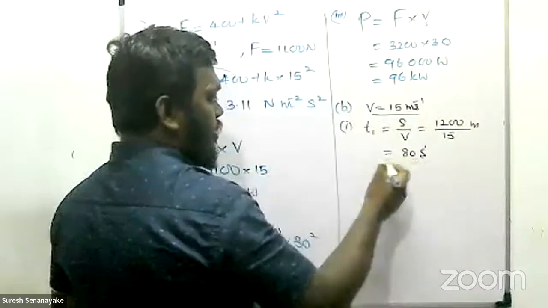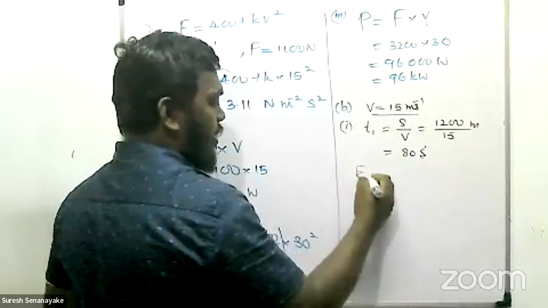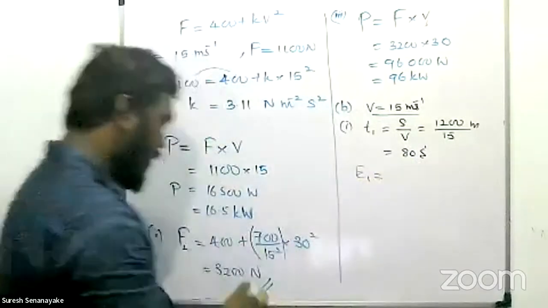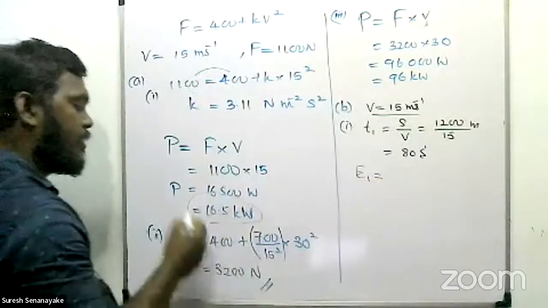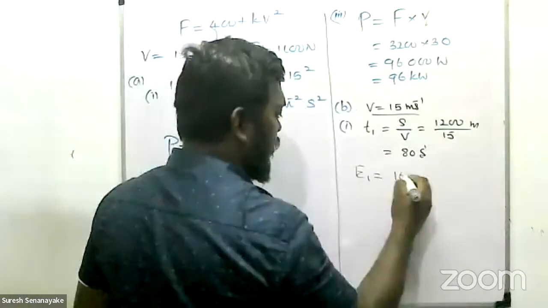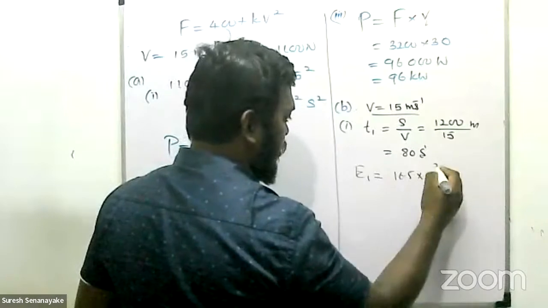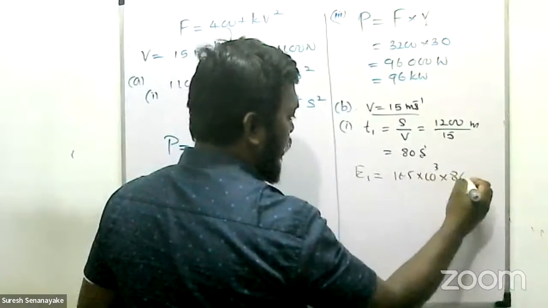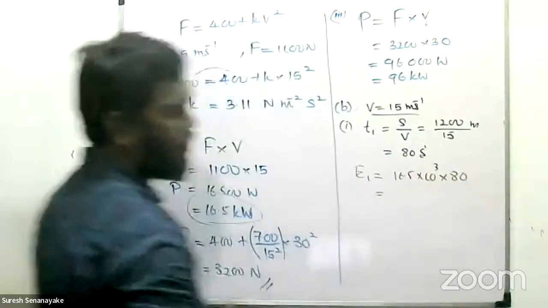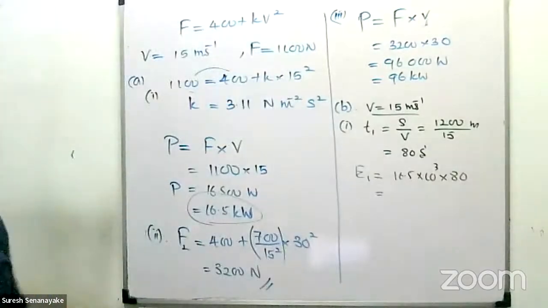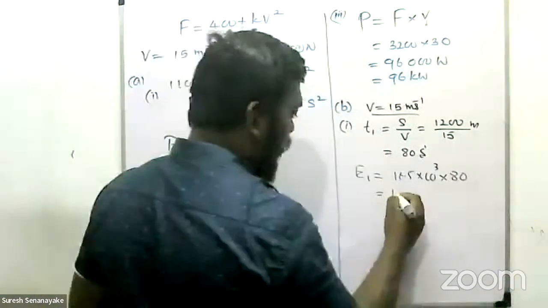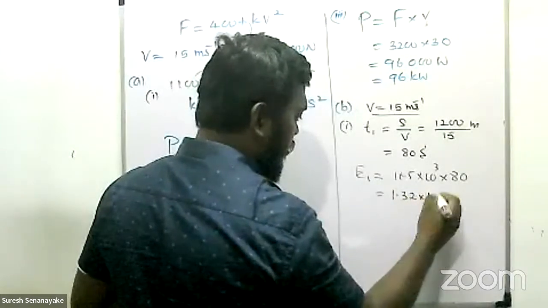So the energy consumed in this time: the working power is 16.5 into 10 to the 3 watts multiplied by this 80. Then you can calculate that energy in joules. That is 1.32 into 10 to the 6.